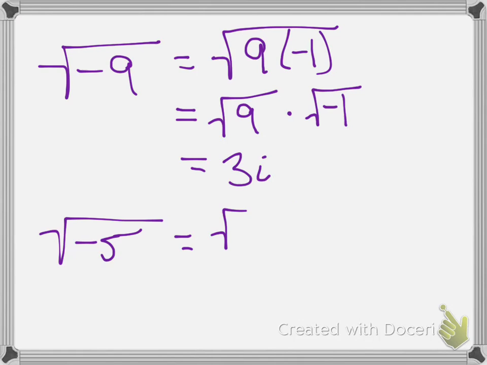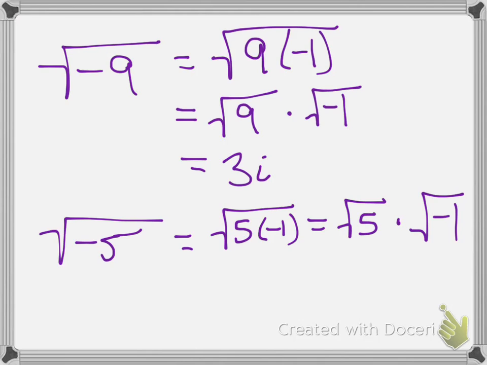When I try to do this, it's not quite as straightforward in one sense, because 5 is not a perfect square, so I can rewrite this as the square root of 5 times the square root of -1. But the square root of 5 is not a whole number, and so I could get a numerical approximation from my calculator, but if I want to leave it exactly, then it's the square root of 5 i, like this.